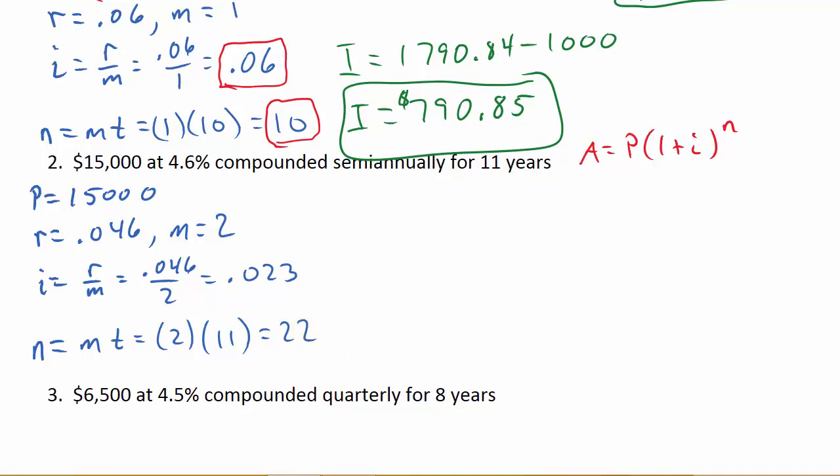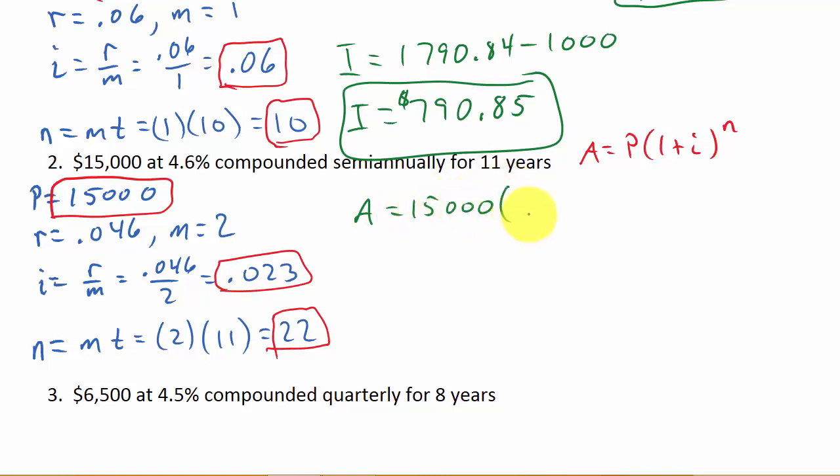All right. So now, once again, we have P, we have I to plug in, and we have N to plug into our formula. So we get A is equal to 15,000 times 1 plus 0.023 raised to the 22.